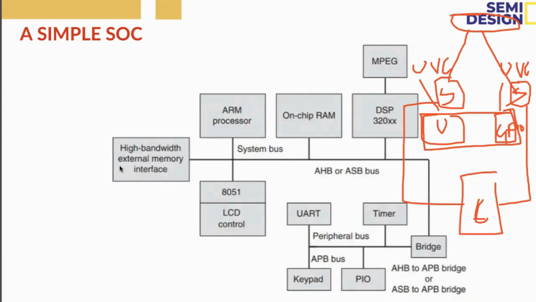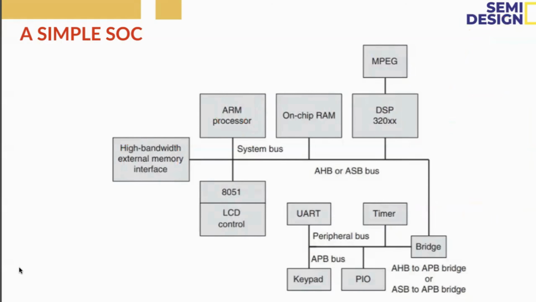Any questions? Yes, how is SOC verification different from IP verification? SOC verification is nothing but it will have a number of IPs, a group of IPs. If you do the verification of that, that is SOC verification. For IP verification, we verify only the block.